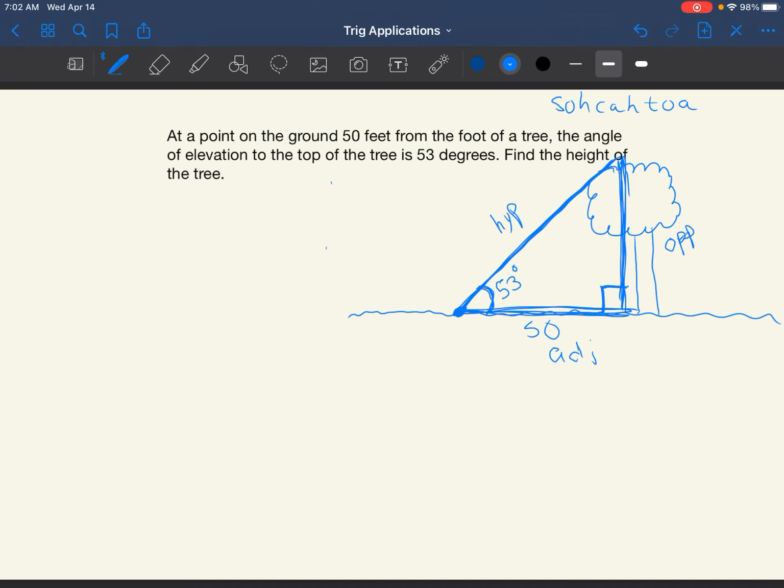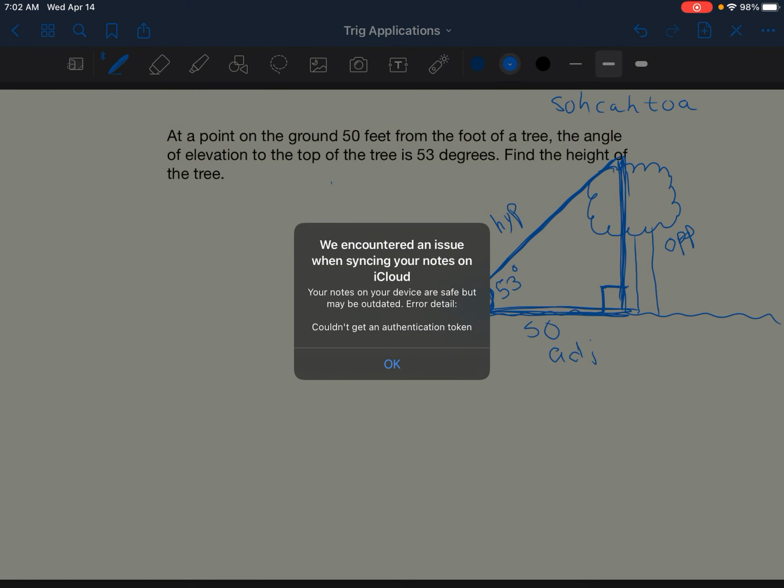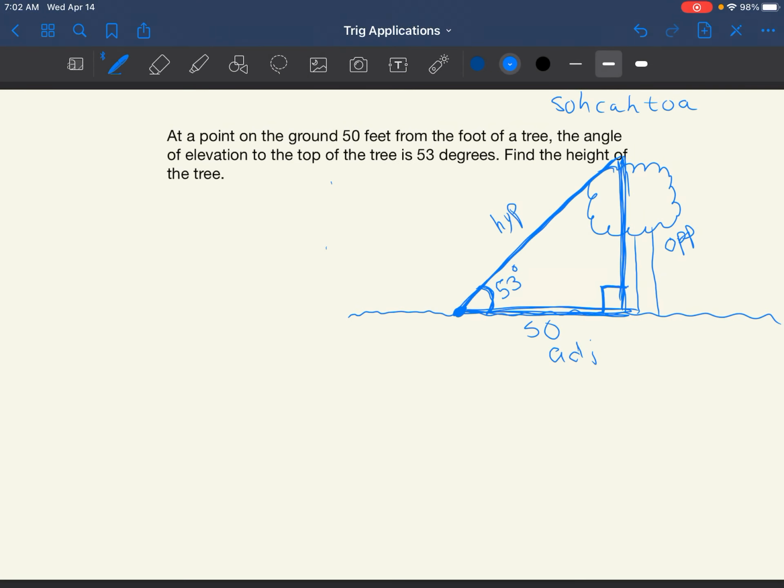SOHCAHTOA helps you remember what sine, cosine, and tangent are, like I discussed in the last problem. And then we need to figure out which one we're going to use to solve this problem. Are we going to use sine, cosine, or tangent? So let's look at what we have here. We're working from this angle.